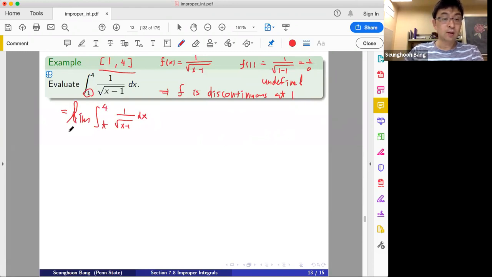Take the limit as the t value approaches 1 from the left or from the right. How can you decide here? We have the given interval 1 to 4. The 1 is the discontinuous point. You can choose t approaching the discontinuous point from the right, exactly 1 from the right. You can decide it like this.